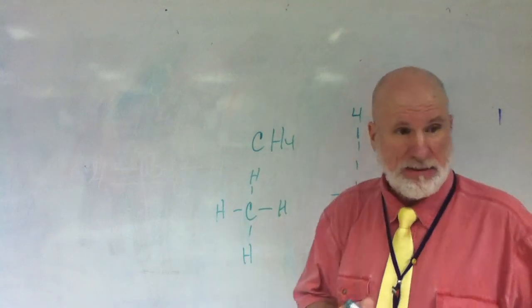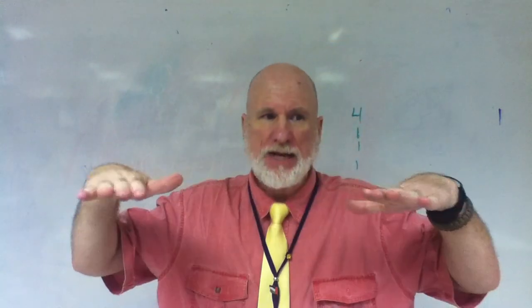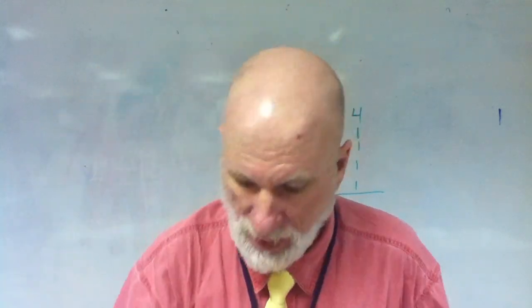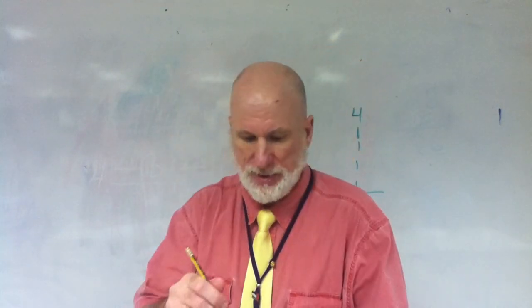So it's done, correct? Now, remember xenon tetrafluoride was 4 and it was planar? But be careful. That planar nature of xenon tetrafluoride was influenced because of the unbonded pair of electrons, correct? There are no unbonded pair of electrons here. There's only 4 bonded pairs.